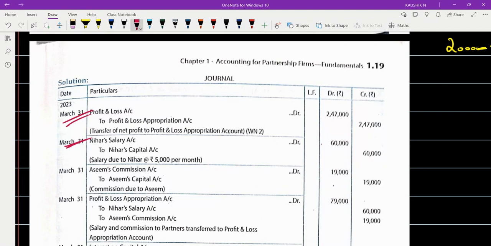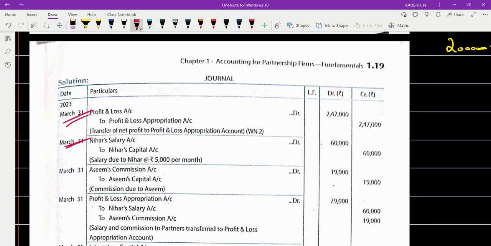So you have to show to which account it goes. Niha's salary to Niha's capital, because the salary will be closed in your capital account.